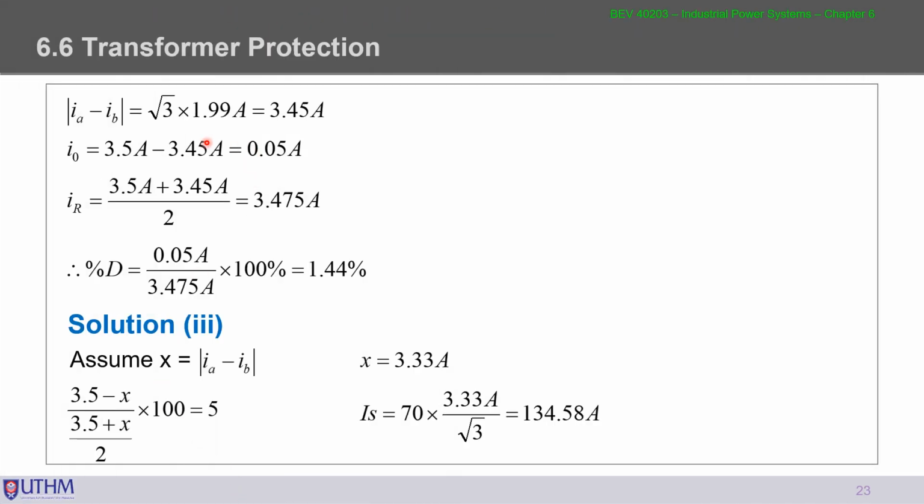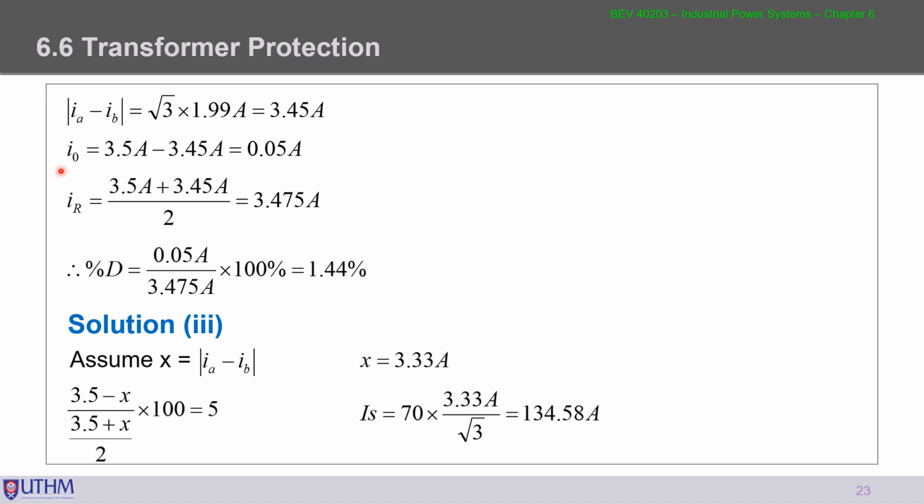Then we have to calculate the I at the current transformer at the secondary side. At the secondary side, the transformer is connected in Y connection. So we have to times with √3 to get the I at the current transformer, which is 3.45 A. IO is the I operating, as I explained at the previous slide.